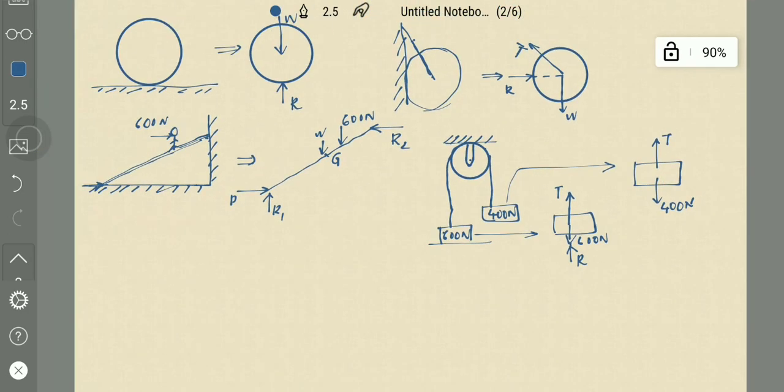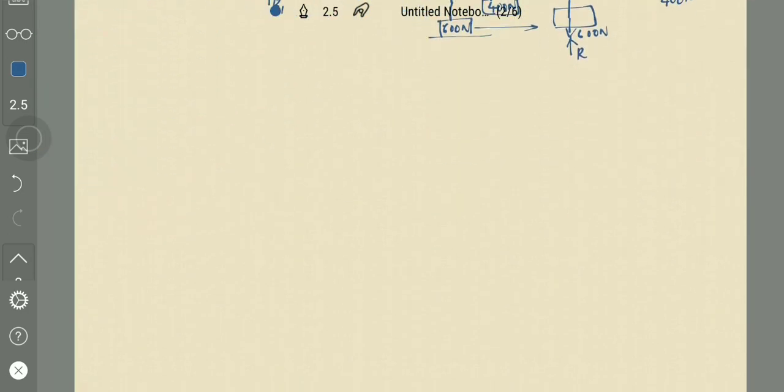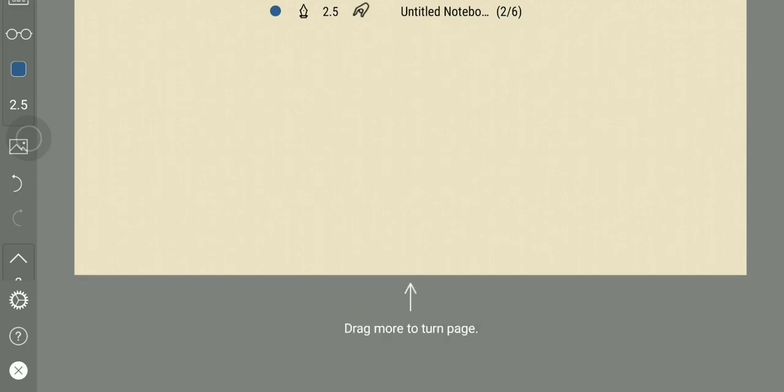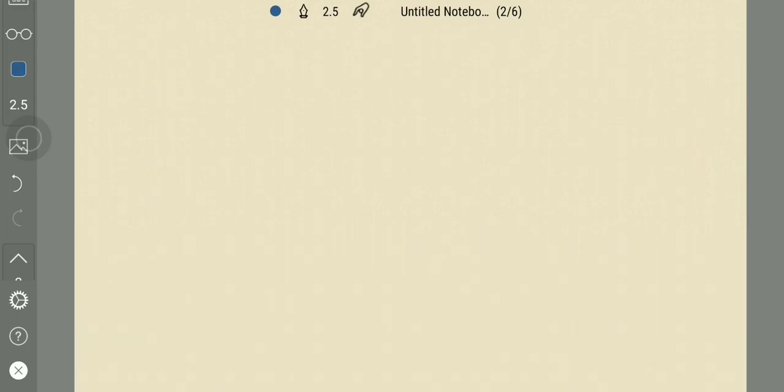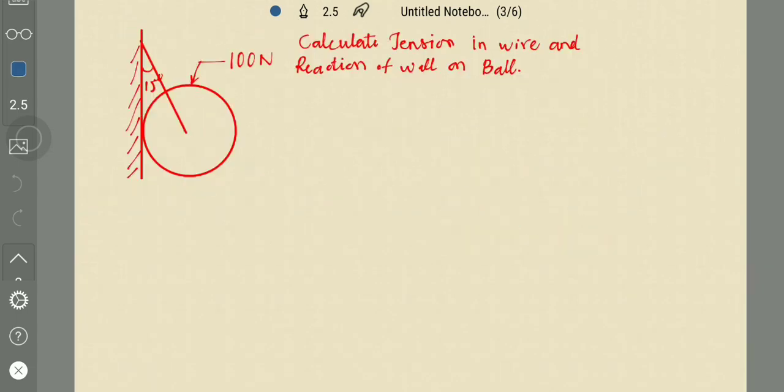Let us solve some examples based on these free body diagrams. These free body diagrams are very important because in mechanics, every problem given in mechanics shall be drawn with the help of a free body diagram only. See, there is a question here.